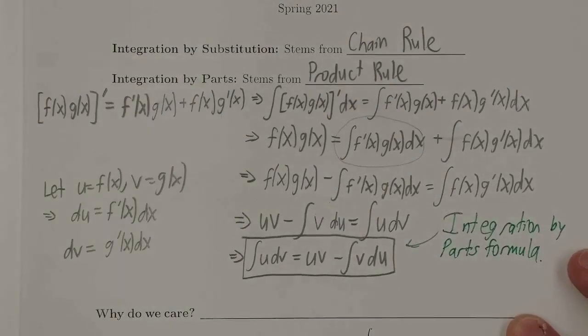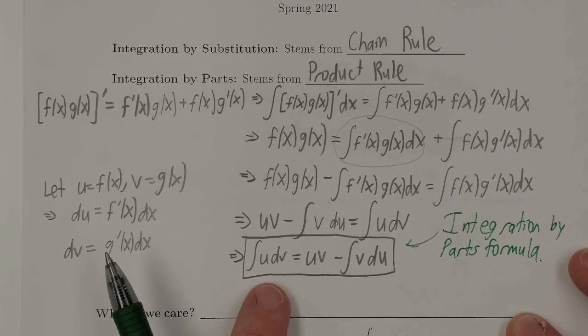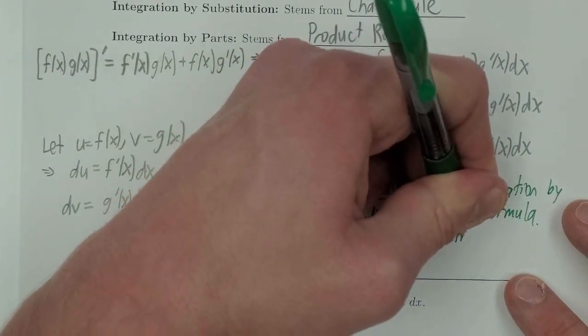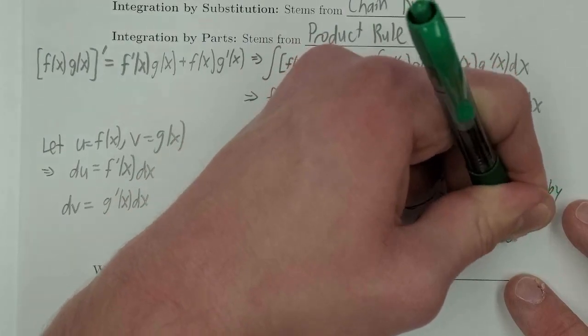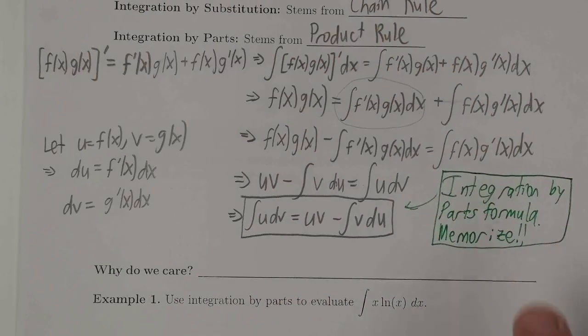Okay? And one thing I would strongly make sure you do with these types of integrals is memorize them. Now you might think, well, why do I need to memorize this? It seems kind of abstract.